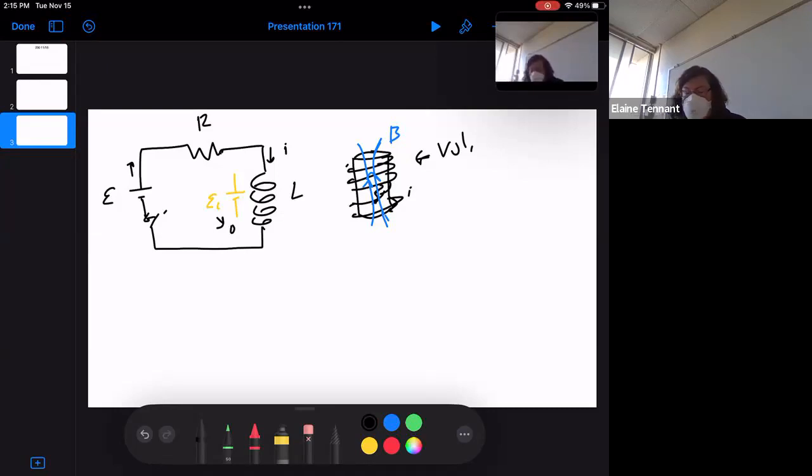And basically what's going on is initially the energy that you would put into pushing current around that circuit goes into creating this magnetic field. Make sense? So it's not coming from somewhere. It's coming specifically from the other battery.